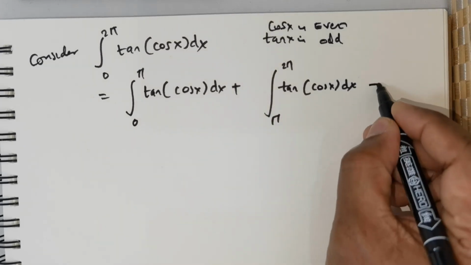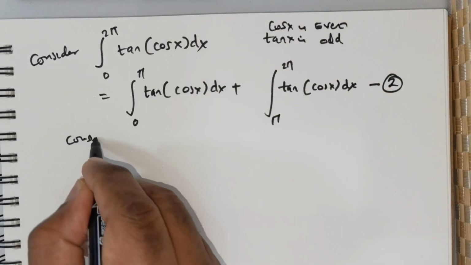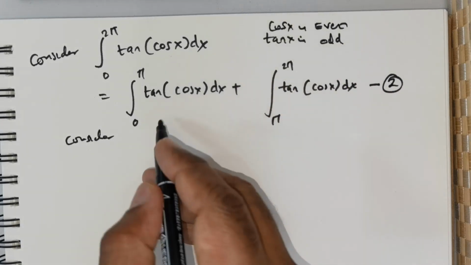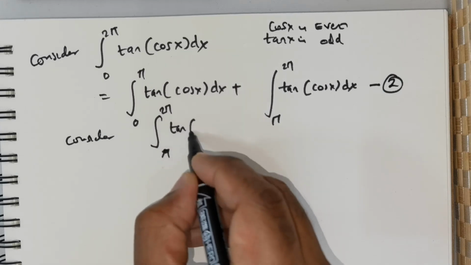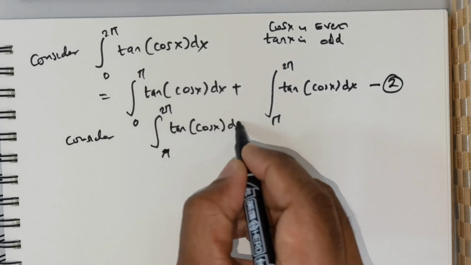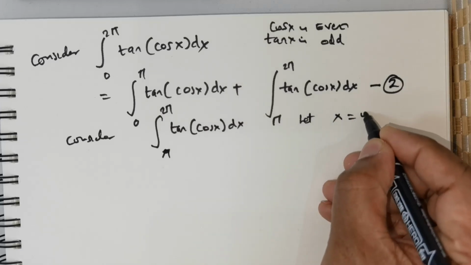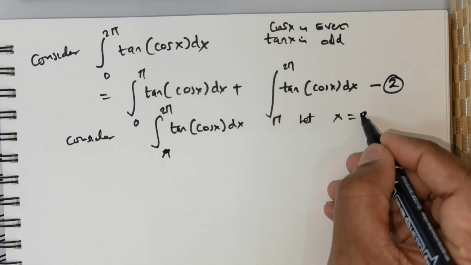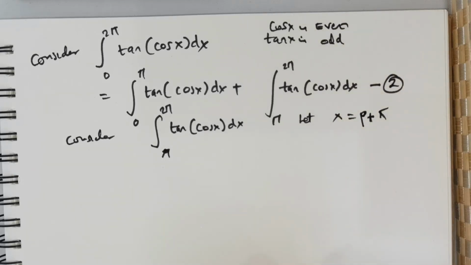Now I will call this equation 2, and I will consider one part of it, which is the integral from pi to 2 pi of tan of cos x times dx. Now I would like to make a substitution: let x be equal to p plus pi.